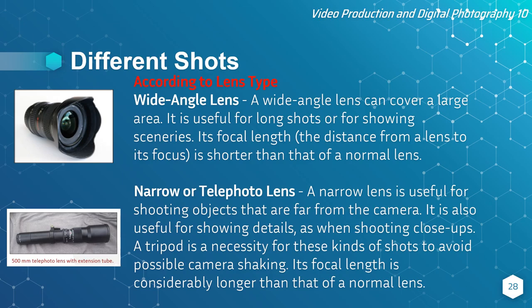So pag sa narrow or telephoto lens, ito kasi ginagamit pagka yung subject mo ay malayo sa camera. Tsaka pag maliliit lamang, ito ginagamit yung narrow or telephoto lens. Ginagamit din siya when shooting close-up subject. At ang tripod daw is a necessity. Kailangan may tripod pag gumagamit ng isang narrow or telephoto lens. Why? Para maiwasan yung panginginig.